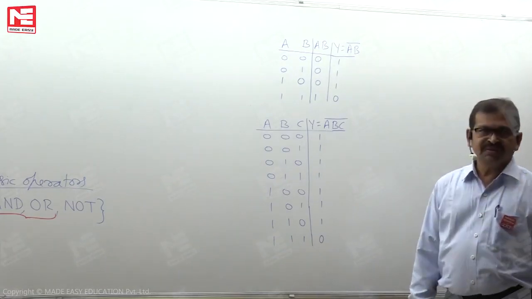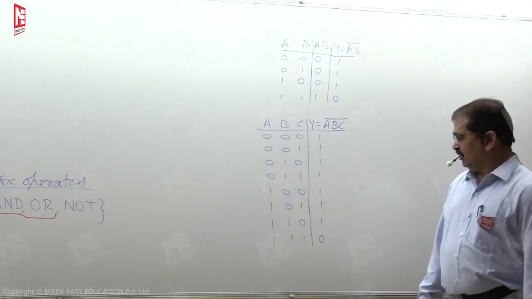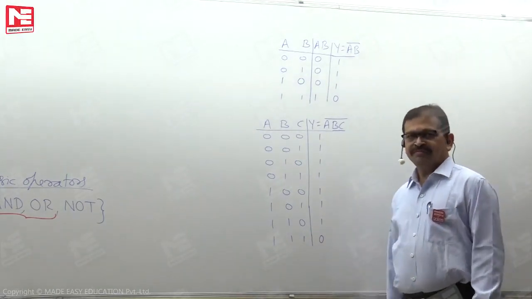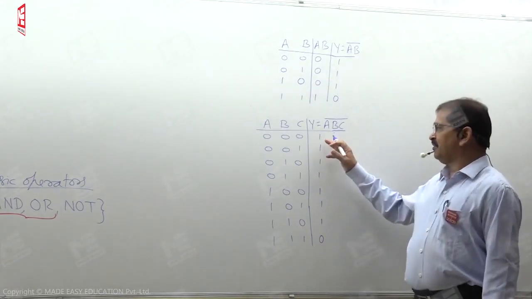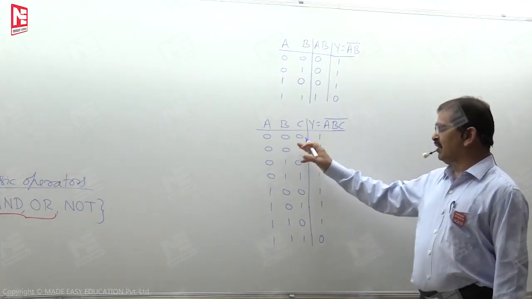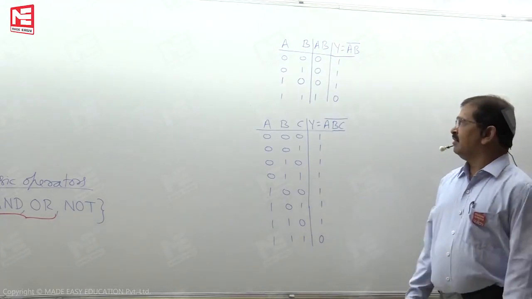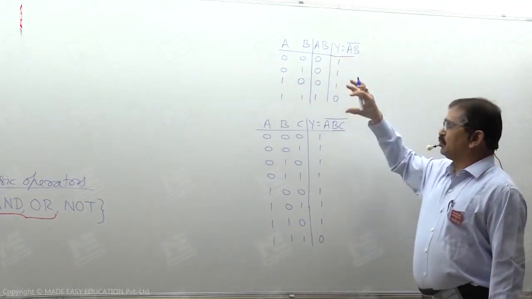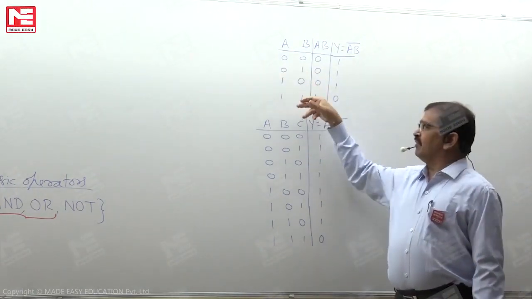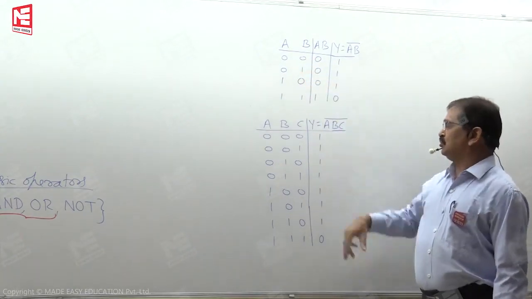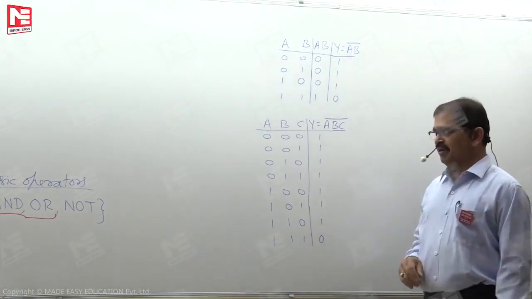Or equivalently, the result of NAND operation is 1 if at least one of the variables is 0. Whether in the two variable or three variable truth table, other than the last row, for the remaining rows at least one of the variables is 0. As and when one of the variables is 0, the result of the NAND operation is 1.